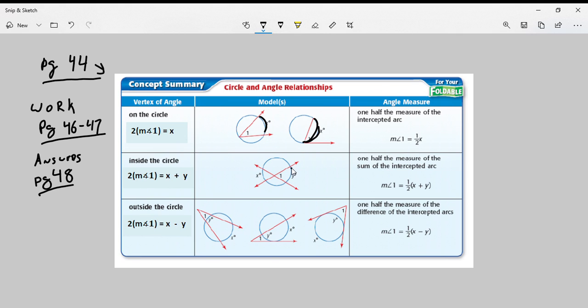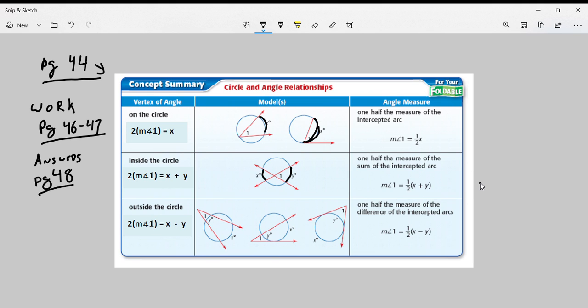Essentially, if we have the 2 intercepted arcs, this angle in the middle is 1/2 these 2 things added together. So if you add together the 2 intercepted arcs and multiply by 1/2 or divide by 2, remember multiplying by 1/2 or dividing by 2.